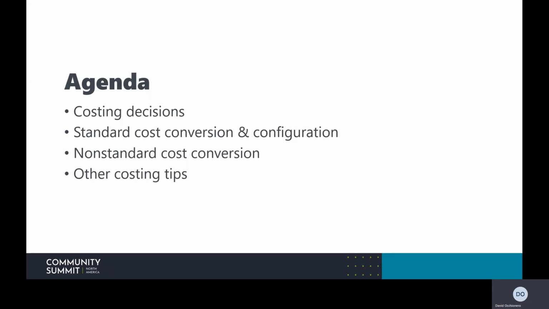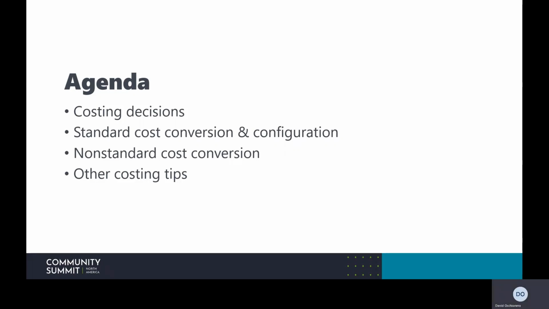So let's go through the agenda for this afternoon. We will be going over some costing decisions. We will take a deep dive into a standard cost conversion and answer the question, how is the conversion handled from a system perspective? And what configuration do I need before I actually do the conversion? So I've got that on tap.